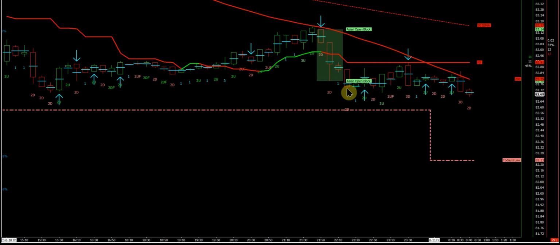One of the really, really nice things about the strat is when this candle closes, you know exactly what you're going to do. If it breaks either the body or it breaks the tail, I'm going short. If it breaks the head, I'm going long, right?